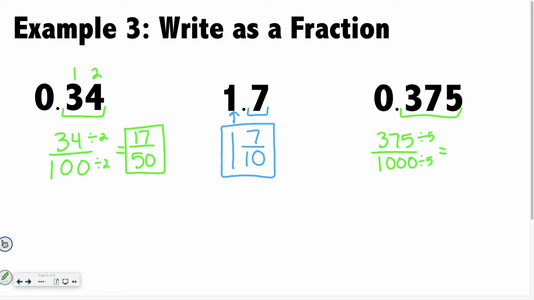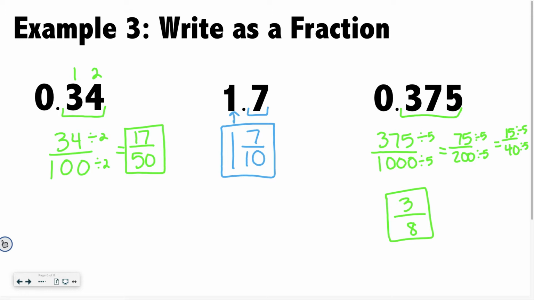So if I divide by 5, I have 75 over 200. And again, they end in 5 and 0, so I can divide by 5 again. So then I have 15 over 40. And again, they still end in a 5 and a 0, so I can divide by 5 on top and bottom. 15 divided by 5 is 3. 40 divided by 5 is 8. So my final answer would be 3 over 8, or 3/8.